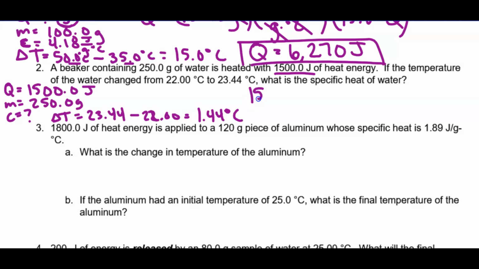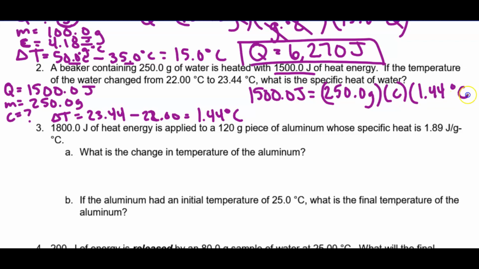So 1,500 joules equal to mass times C times delta T. So we're going to take 1,500 divided by 250 grams times 1.44 degrees Celsius.